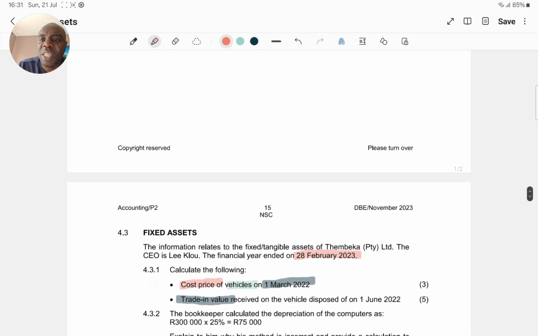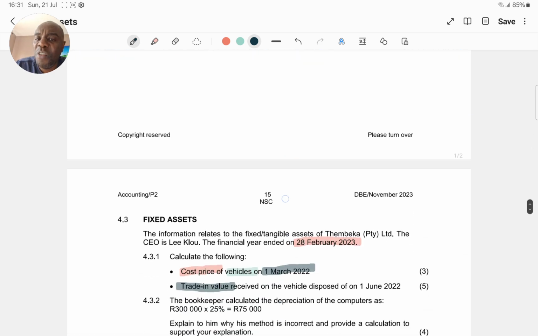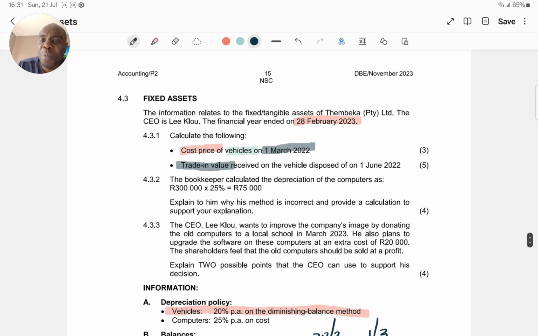So 180,000 is the original cost of this asset. I cannot calculate 20% of 180,000 because that would be the straight line method. Additional information A says depreciation should be calculated at 20% using the reducing balance method. When you are calculating depreciation using the reducing balance method, you calculate 20% on the book value of the asset. What does that mean?